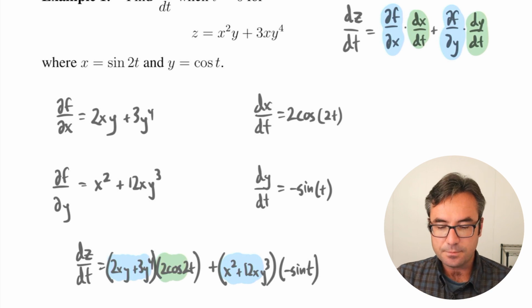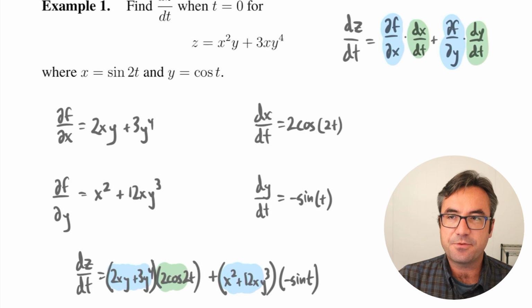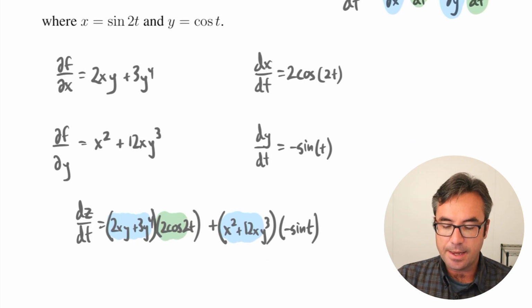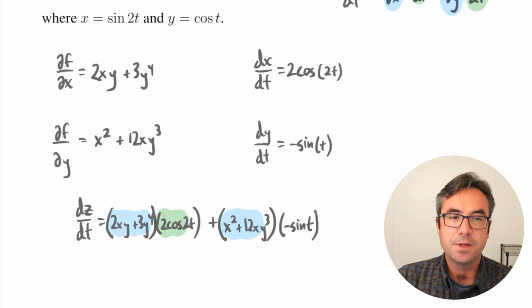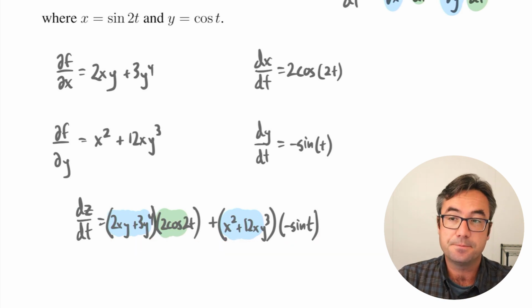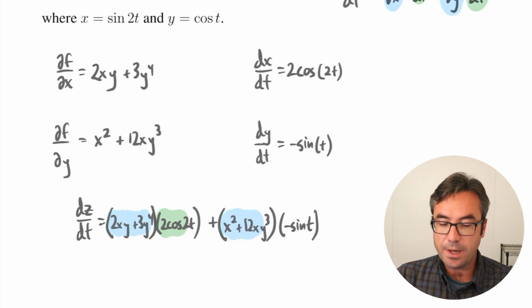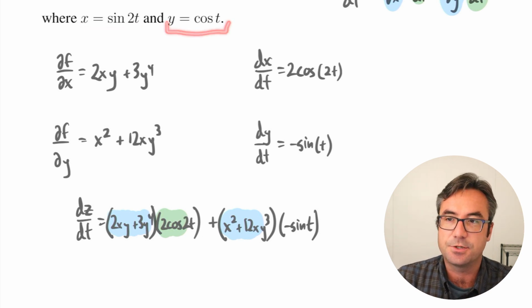Now, if we were just trying to find the derivative, we could go a step further. And because we're trying to find the derivative of z with respect to t, if we can do it, it makes sense to try to get this all in terms of t. And the way we would do that is we know what x is in terms of t, and we know what y is in terms of t.